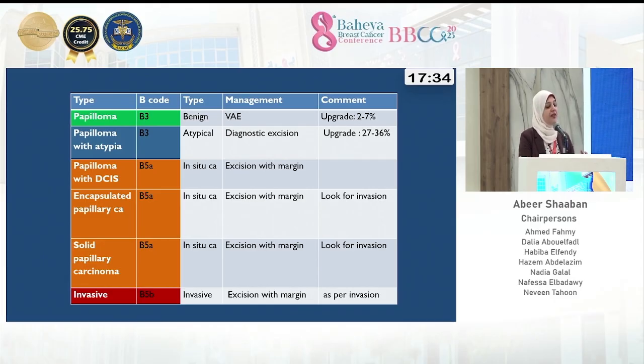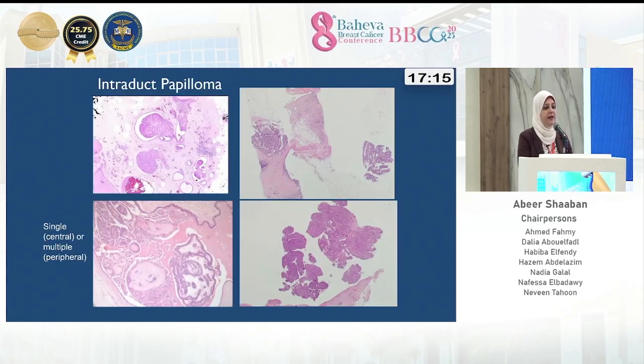If we diagnose DCIS in a papilloma, encapsulated papillary carcinoma or solid papillary carcinoma, these are all in situ disease, and should be managed by surgical excision with margin, and we then look for invasion. And invasive papillary carcinoma is a B5B as usual.